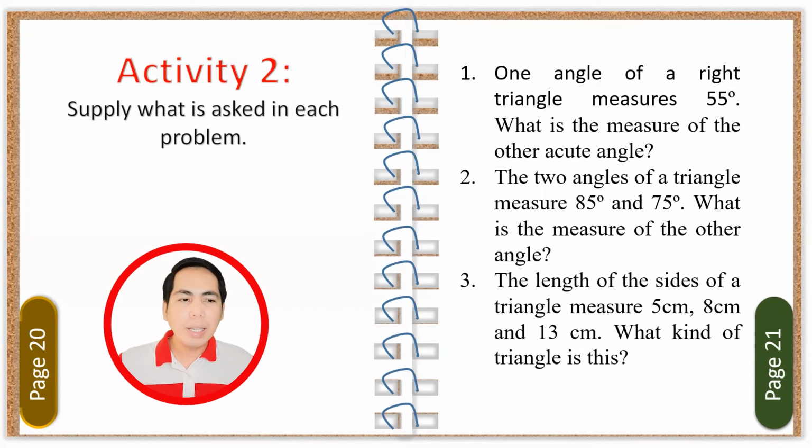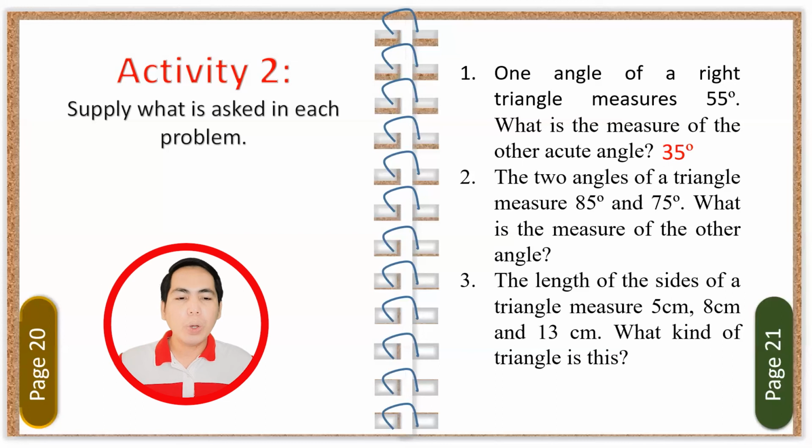So 90 degrees plus 55 degrees will give us 145 degrees. Since the sum of all the angles in a triangle is 180 degrees, 180 degrees minus 145 degrees will give us 35 degrees. Therefore, our answer for number 1 is 35 degrees.